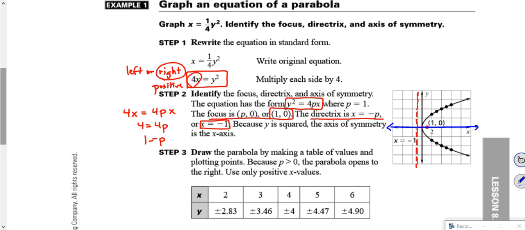And then draw the parabola by making a table of values. I just plug in some points. Again, we know 0, 0 is one of them. I usually try to find fairly normal ones. These are a little different because the y is squared. So notice, if they're making their table of values, they've got plus or minus on either side.